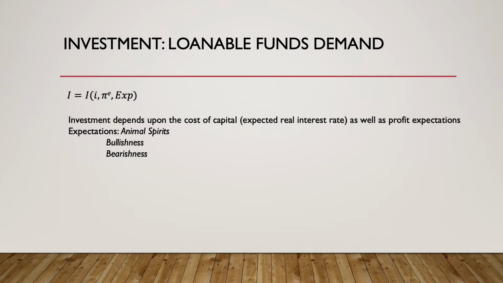They're probably not going to bet on the Avs. So that's bullishness and bearishness, and we'll talk about that with respect to business investment. Are you optimistic that your kombucha is going to do very well in the market, or are you bearish on that because of your expectations? This will shift around your investment demand curve.